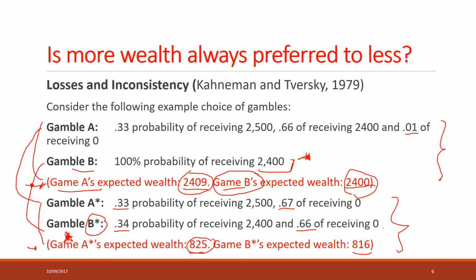So this means that investors are inconsistent in their decision making, right? So if we are rational, we will be picking gamble A and gamble A star. So this experiment proved their point, right? So this experiment showed that investors might react differently if the same information is presented in a different way. Yeah.